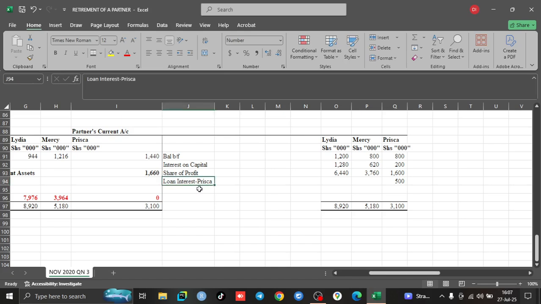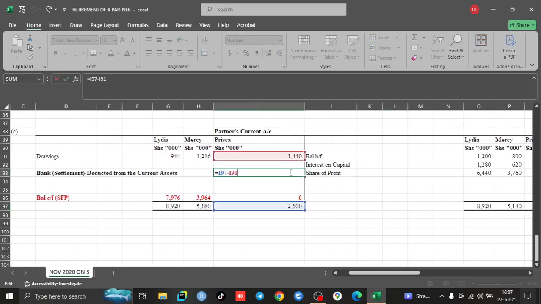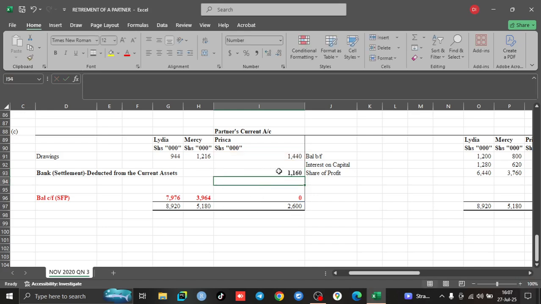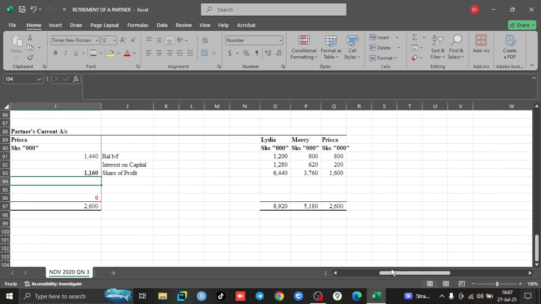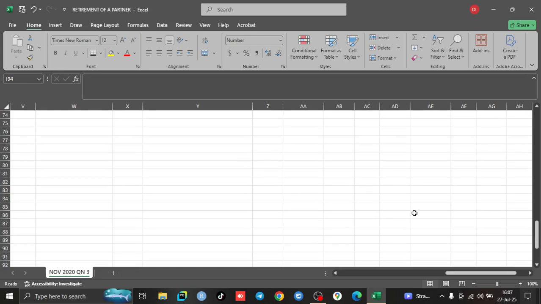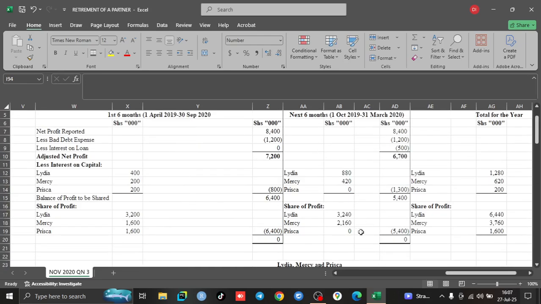Oh, I included it wrongly here, because if you are settling her amount, we should not include it in this current account because it won't exist anymore. So we are settling it here in terms of this balance. Yes, so we are not going to include the amount of interest to her here. We are going to omit it, so that now the balance changes.